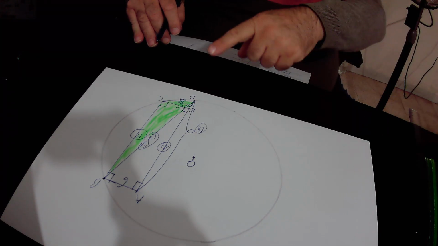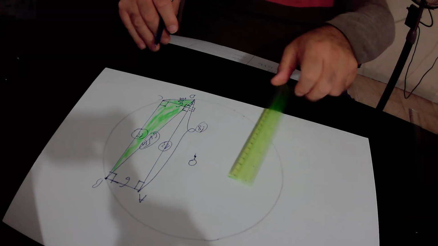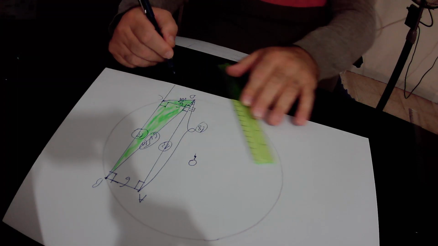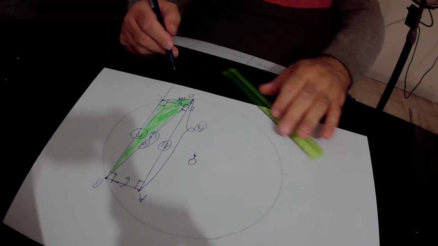Here we will extend side BC by a straight line. And from point D, we go perpendicular on the extended BC.